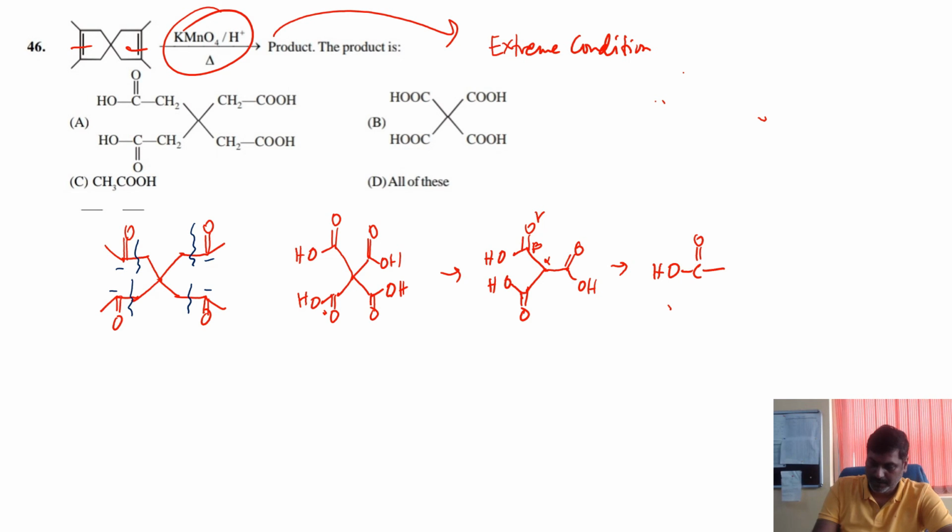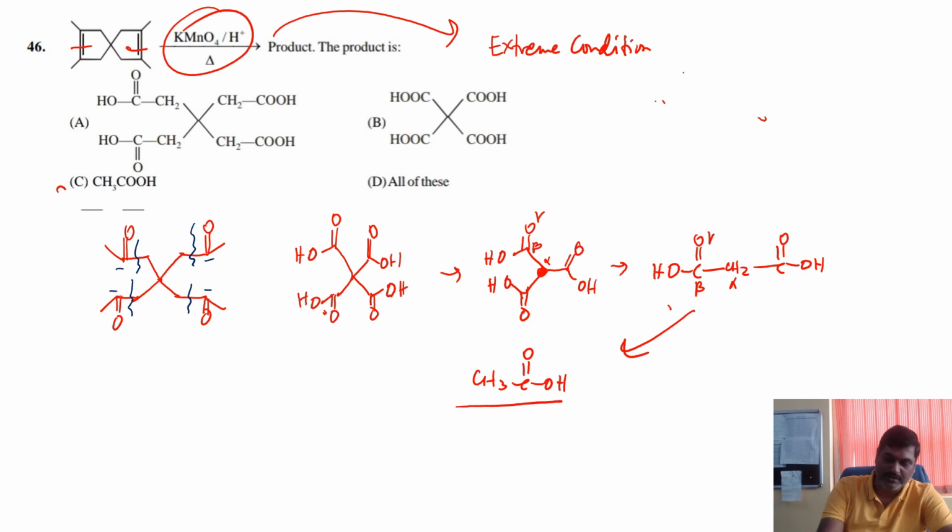This will be CH2, in there the C double bond O, in there the OH. This is the CH2 now after the decarboxylation, right? And so again beta gamma unsaturation, because this one is alpha, this one is beta, this one is gamma. So this is the extensive reaction, right? And finally we are getting CH3, C double bond O, and OH. Yes, if this is the case, then this is the final product, right?